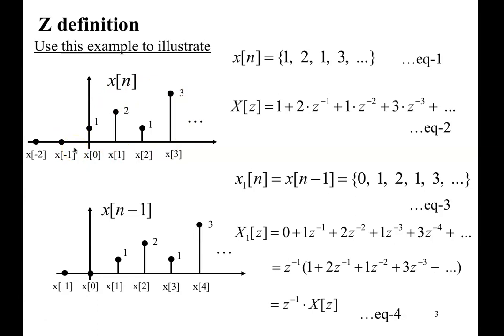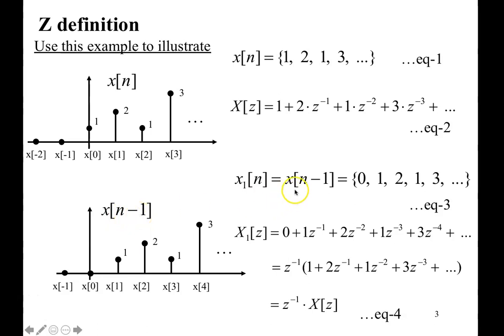Say this new sequence is x(n minus 1) because it's a shift of this, or I just give it another name. The sequence will be 0, 1, 2, 1, 3 instead of 1, 2, 1, 3. The only difference is you have a 0 in front. This sequence is basically x(n) delayed by 1 sampling interval. That's why x(n minus 1) means delayed by 1 interval.